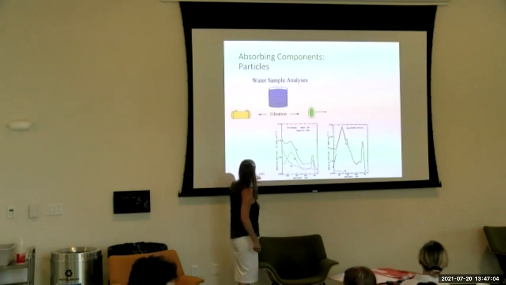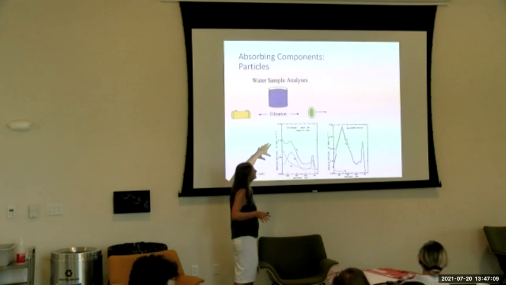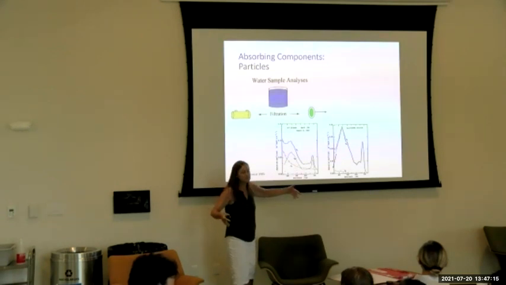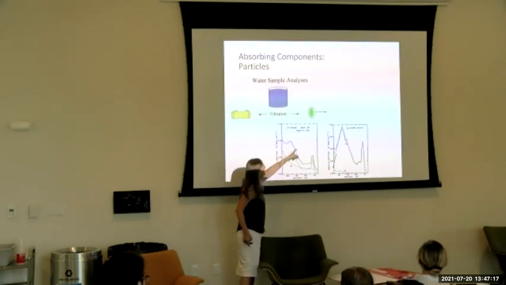And this is from a paper by Kishino in 1985, the first paper that was able to separate phytoplankton from detritus, but we would now call it non-algal particles. They measure the spectrum.